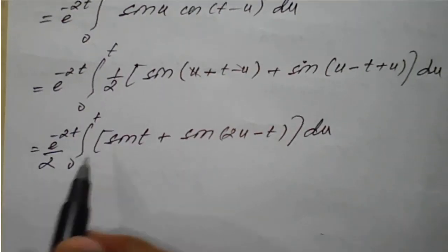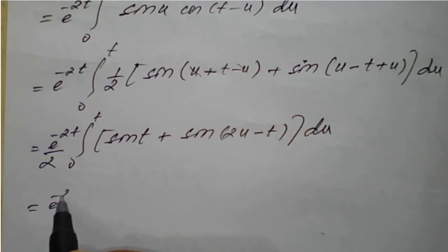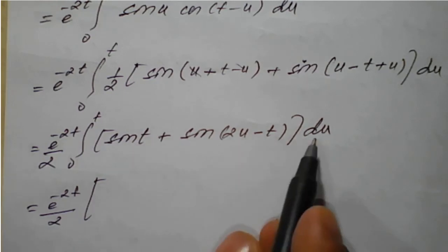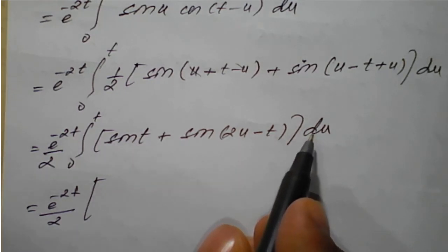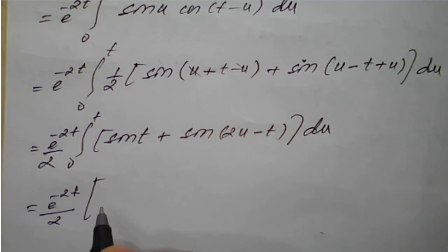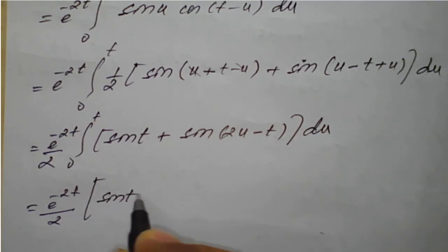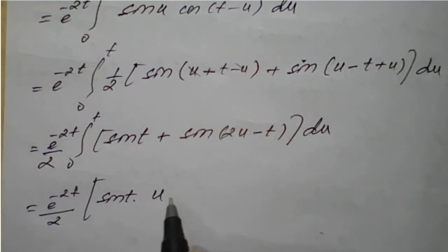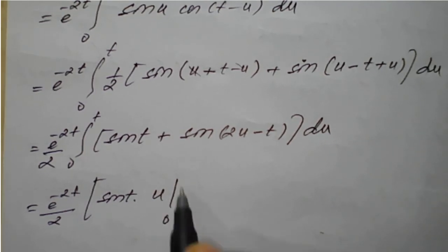First, e raised to minus 2t upon 2 as it is, integration of sine t with respect to u. Sine t is a constant, and integration of a constant with respect to u is u, so this is the first term, with limit from 0 to t.